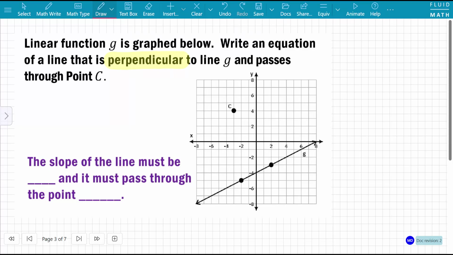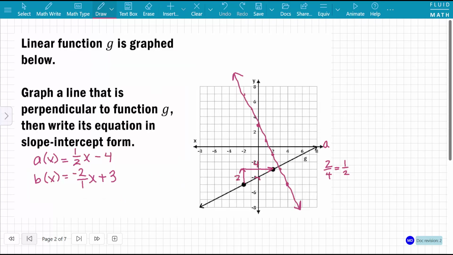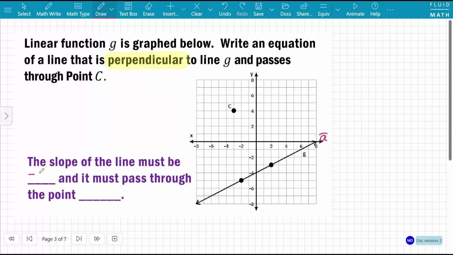All right, I'm going to start by finding, actually this is the same line from the last one. Yeah, okay, so I already know line A. It has to have a slope of, hold on, what does it say?